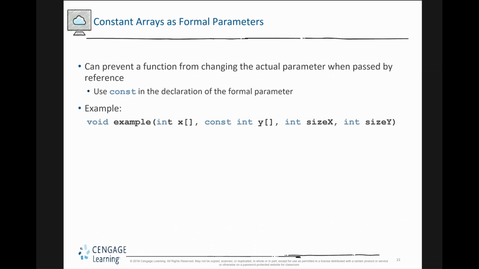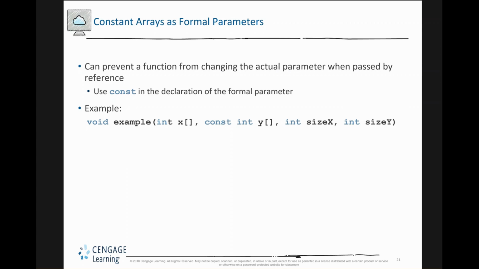Do you remember when a formal parameter, that's the parameter found in the function heading, is a reference parameter, that means it's using an address to see the values? Then if the formal parameter changes, so does the actual parameter, because they're both looking at the same address location.